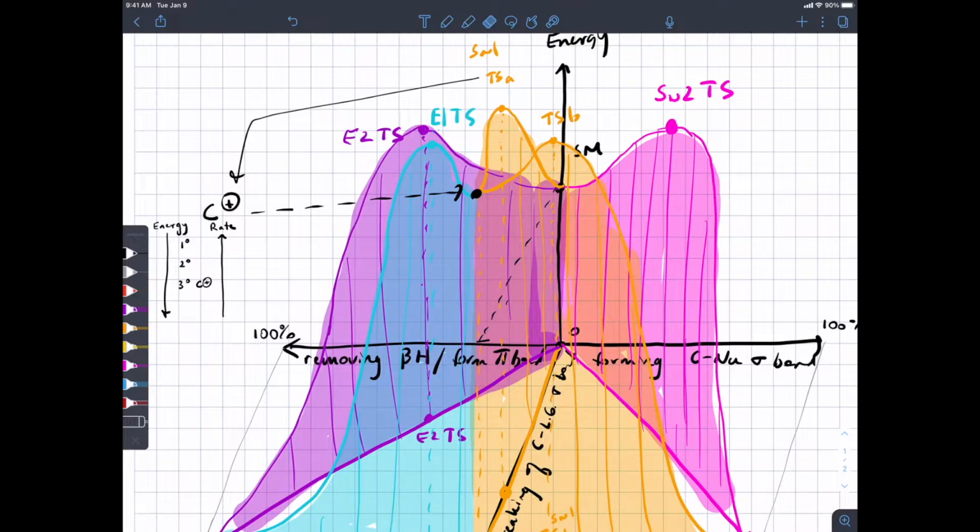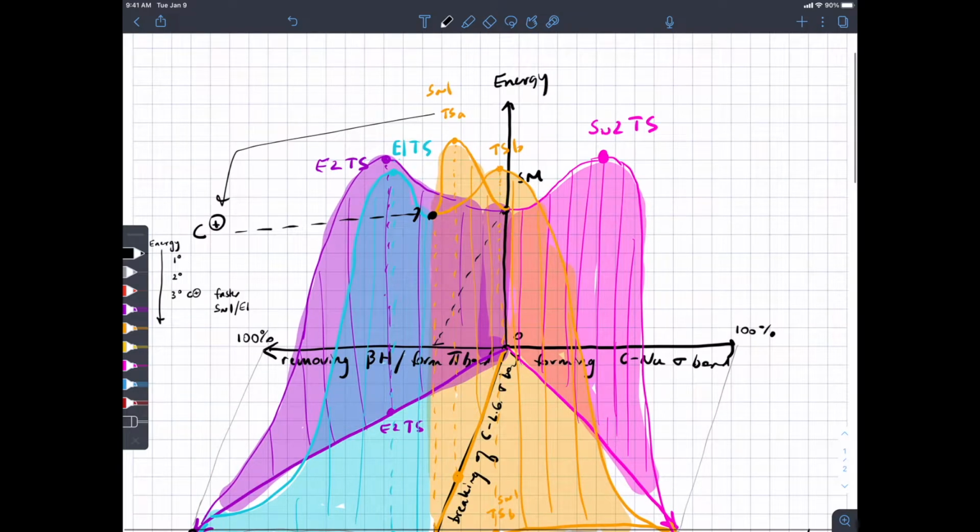I'm worried that the two arrows are going to be confusing, so maybe we'll just do energy and then we'll put faster SN1/E1 here.